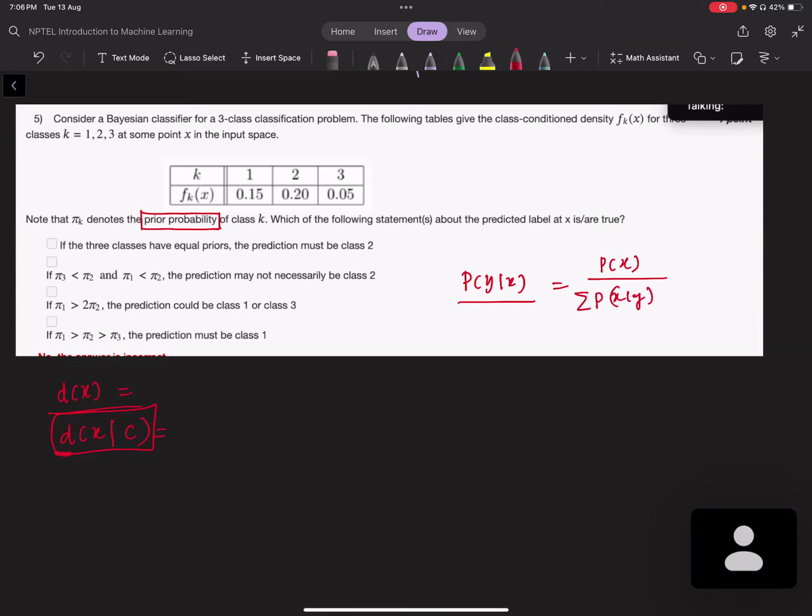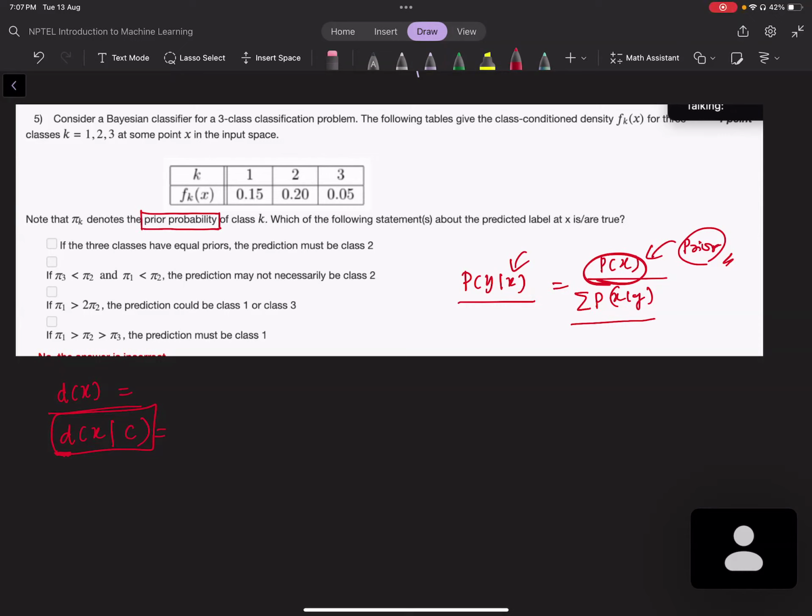This is the Bayes formula, and this is the Bayesian classifier. This is called the prior probability, something you get before you have trained the model, and this is called the posterior probability. So let's say pi_k is the prior probability.